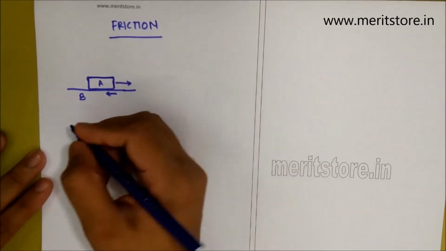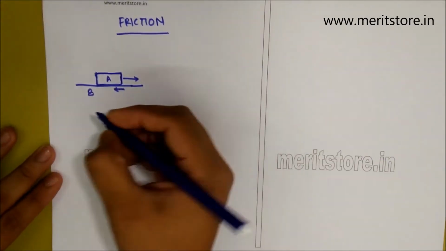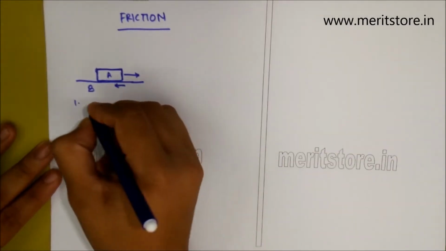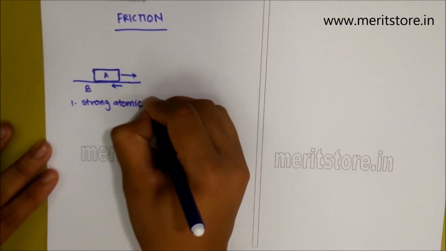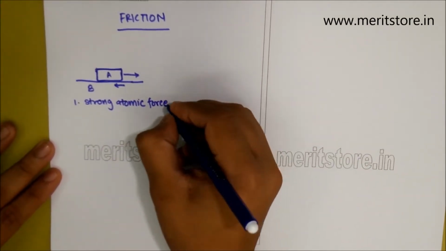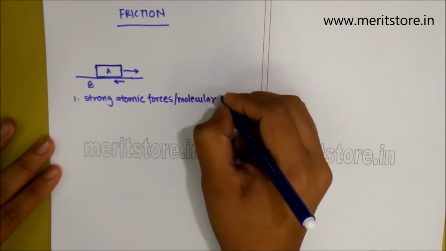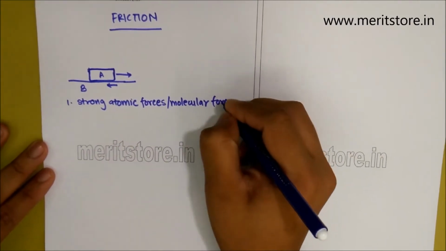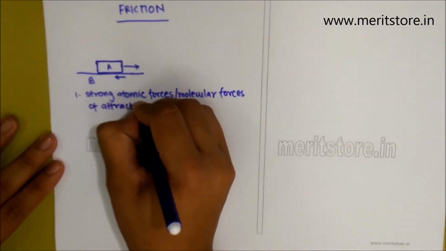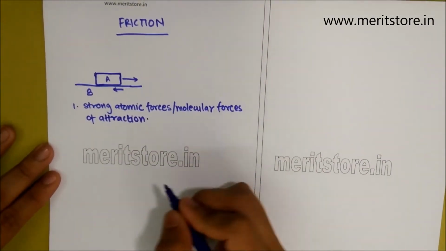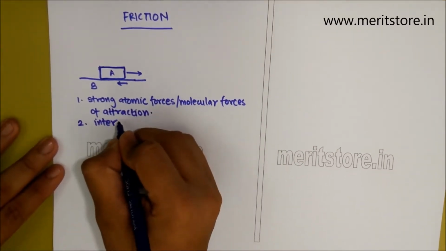So how does frictional force come into existence? Frictional force arises between two surfaces because of strong atomic forces or molecular forces of attraction between two surfaces, or interlocking between two surfaces.